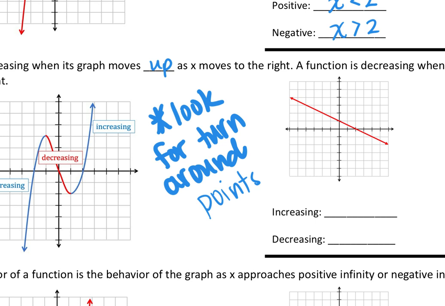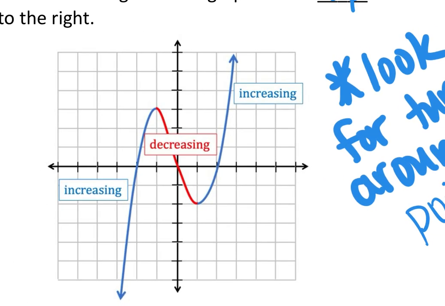Meaning we're looking for those minimum and maximum values. We're looking for those points where the graph was doing something and then all of a sudden it turned and did something else. So in this example graph, this graph was increasing until this point right here and then we started going down. So this is a turnaround point, then we started going down and this is a turnaround point.